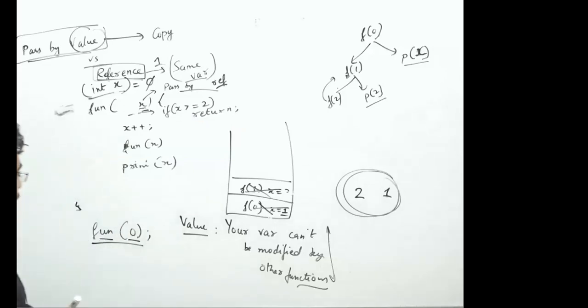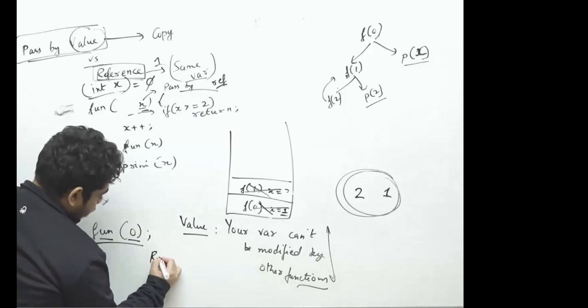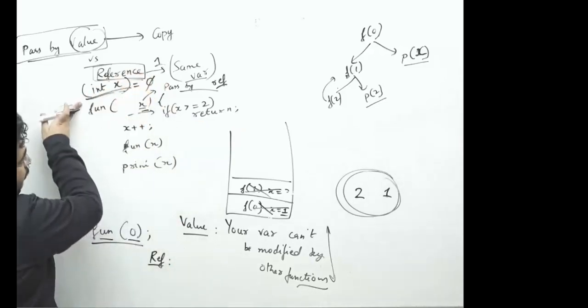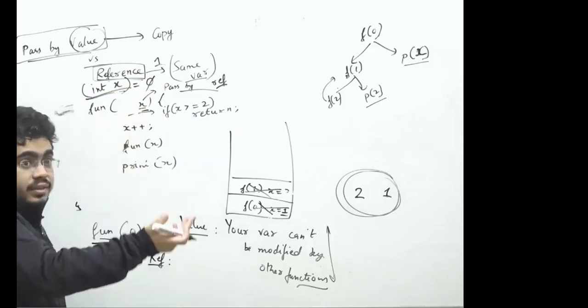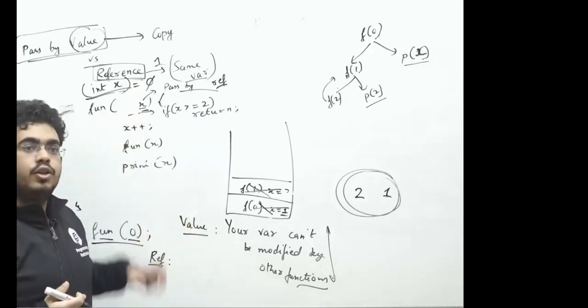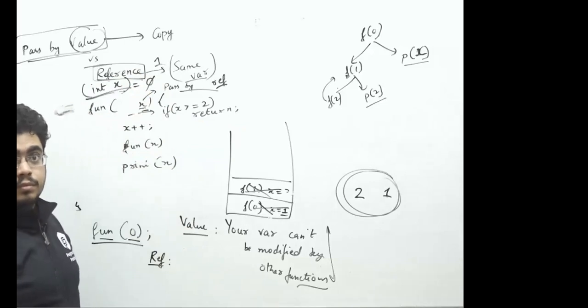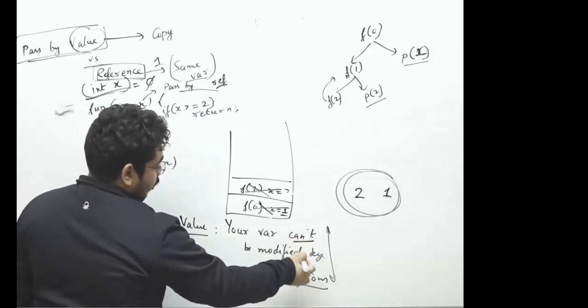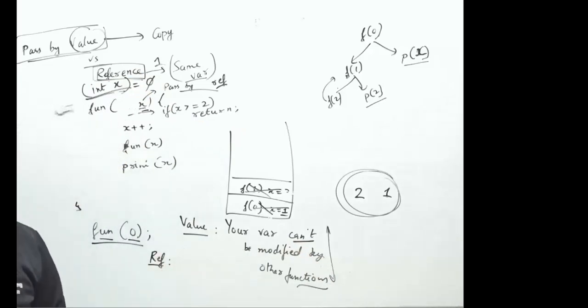So what happens with pass by reference is that your variables are exposed, right? So if anyone modifies x, they are essentially modifying your x also. Okay, so your variables can be modified by others. Yes or no?